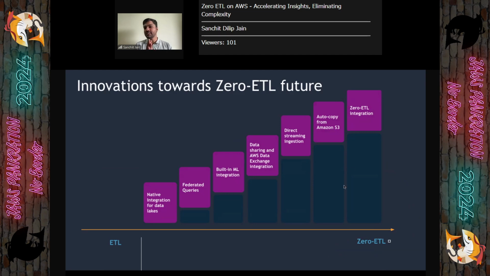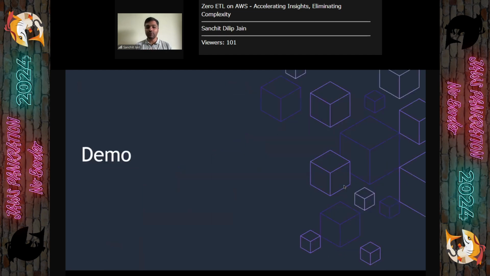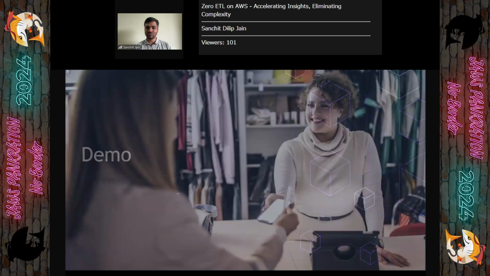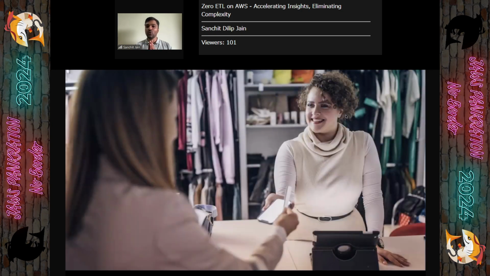Let's do one thing. Let's take an example in real life and understand how zero ETL simplifies the same architecture which would be in your production environment, maybe from a 2018, 2019 standpoint. I will assume a role where I'm running an e-commerce business and doing transactions. I have a website, I have this e-commerce, I have a physical store. I store all of the data in the databases.